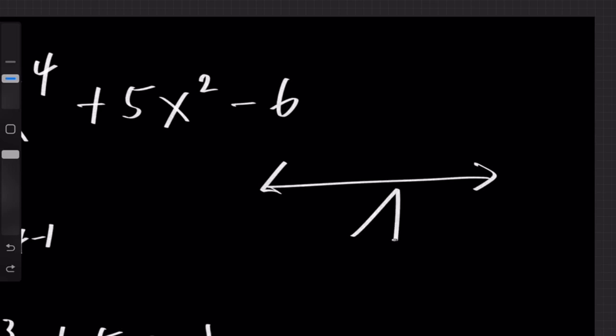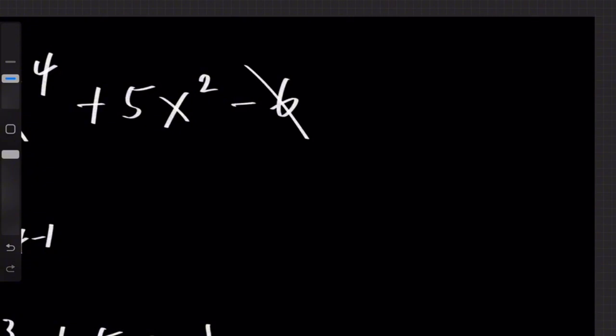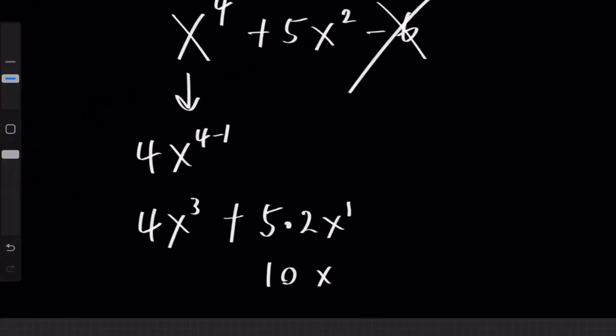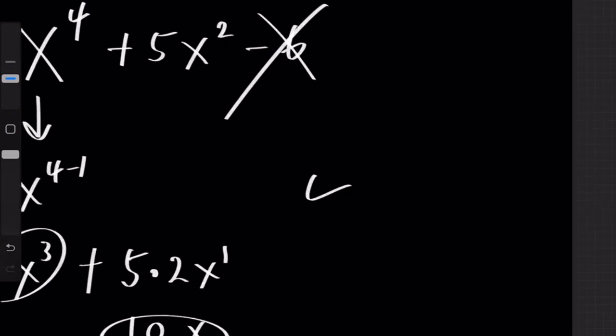You can't form a right triangle there. This side is going to be 0. So the rate of change, or the slope, is going to be 0 on the horizontal line. So we don't need to worry about this, right? We don't need to worry about this. This right here, this is our answer, and it's just that simple.